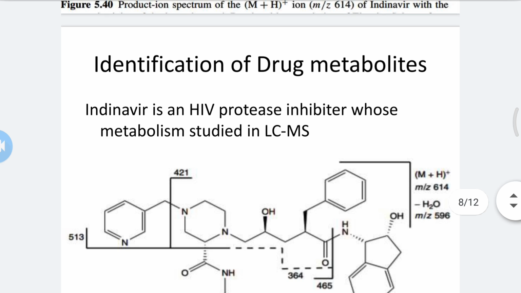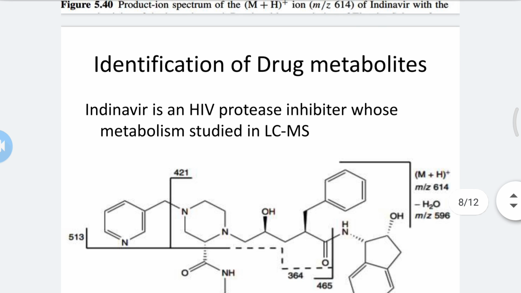If it degrades or its metabolite is hydrolyzed, the molecular weight decreases by 18 and the molecular ion forms as 596 units.